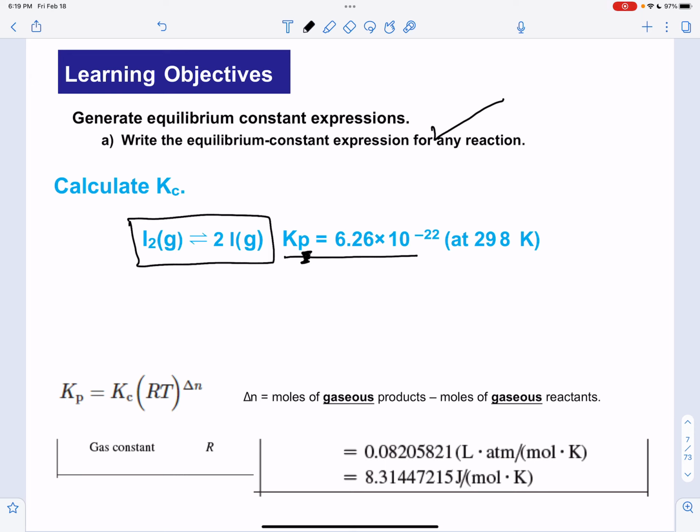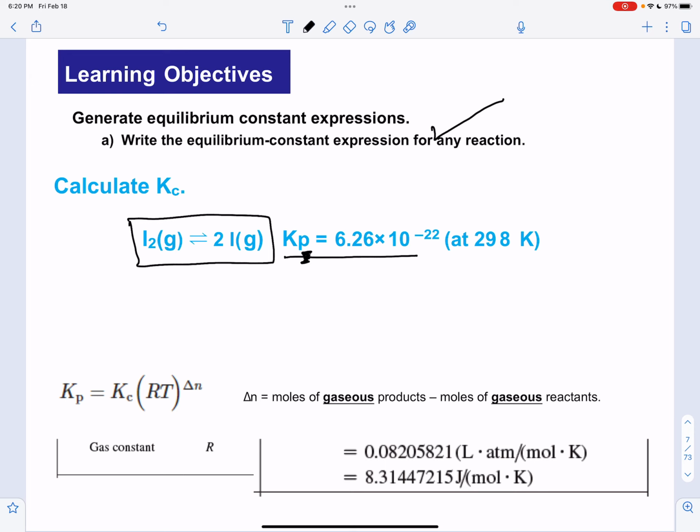That's an extremely small number. So I'm going to fast forward several slides. When the equilibrium constant is so small, it's basically telling you that this reaction barely happened.